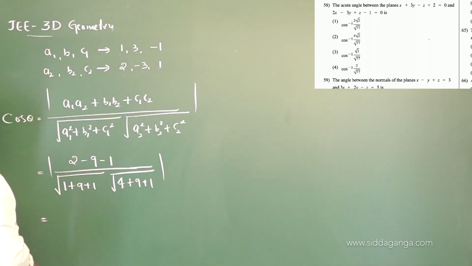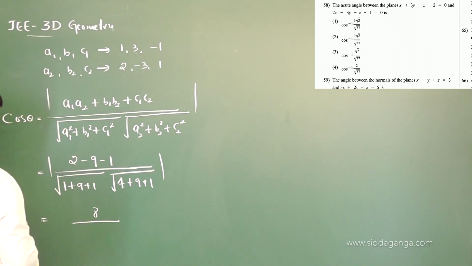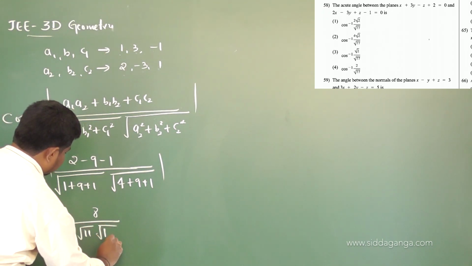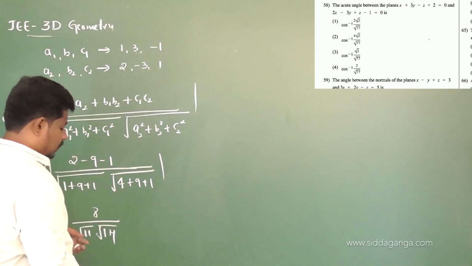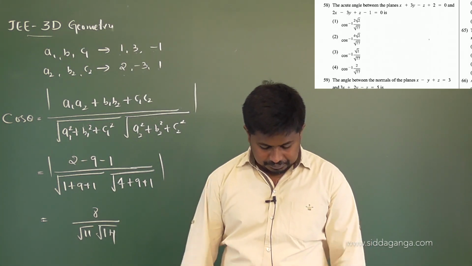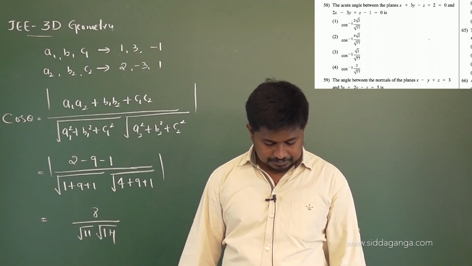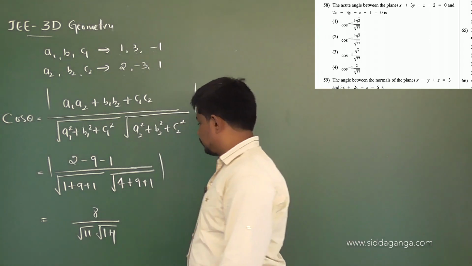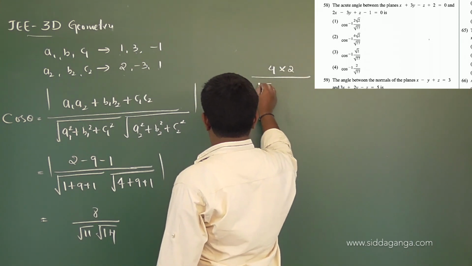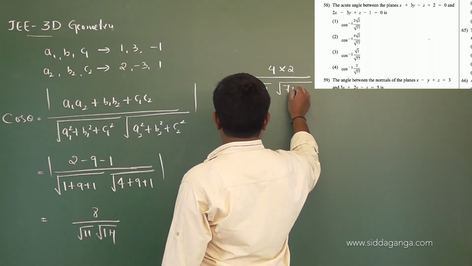So you get 8 divided by mod of 8 by root 11 into root 14, right? So 8 by root 58, or I can write this one as 4 into 2 by root 11 into 7 into root 2.